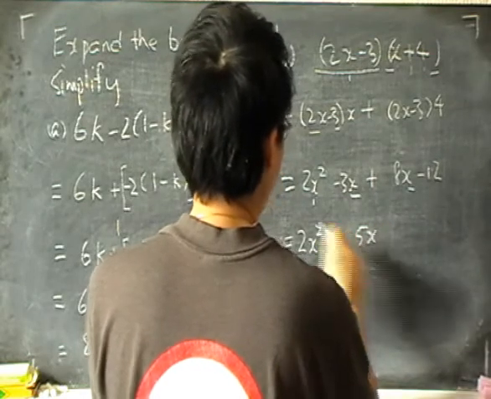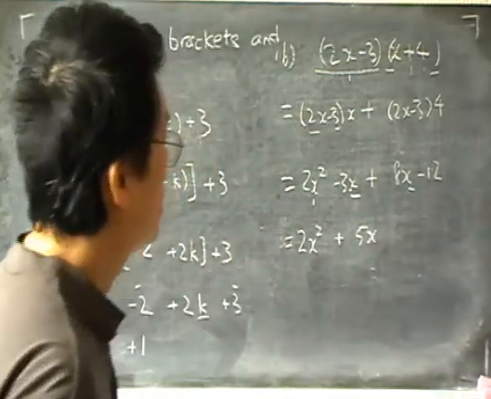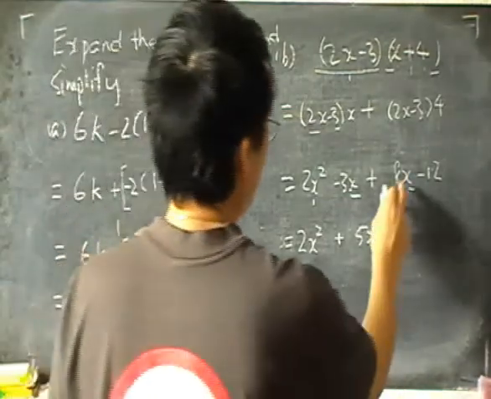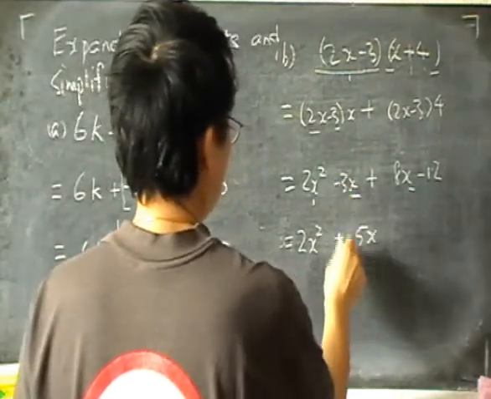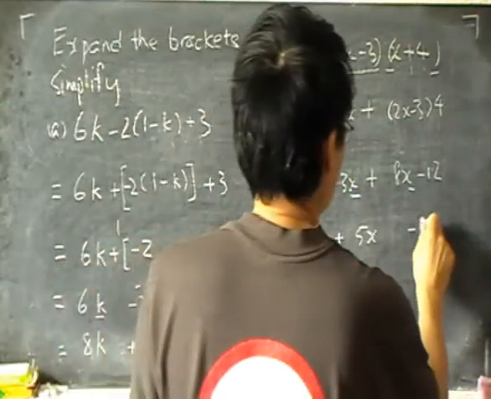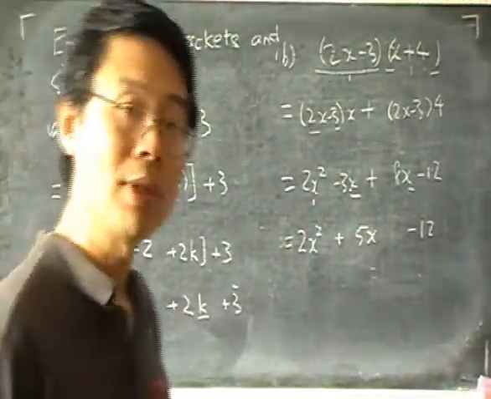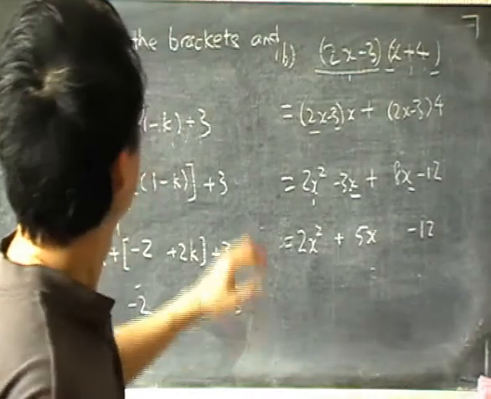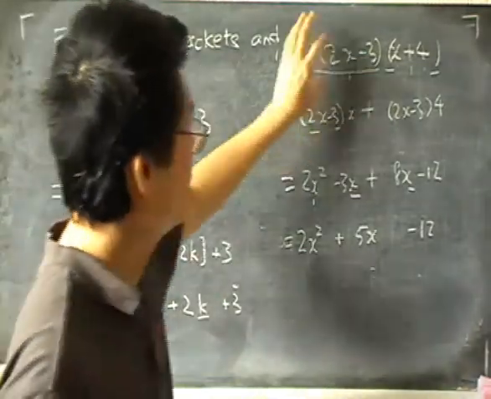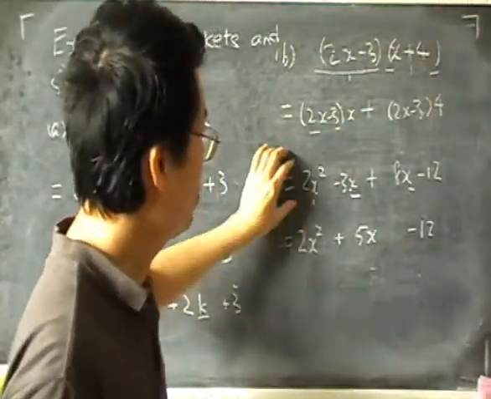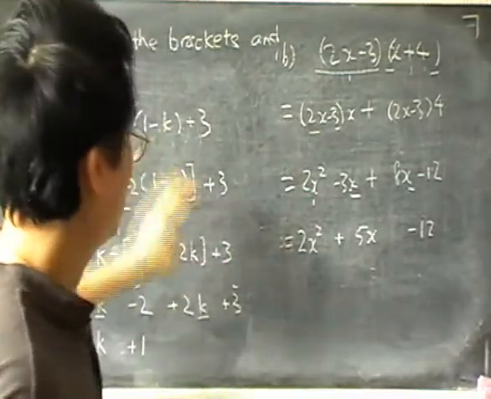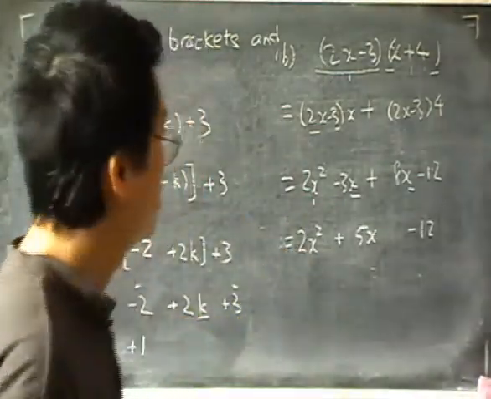And I should add them. Okay, because it's really 8 minus 3, I shouldn't carry the minus sign down here. Minus 12. And that's the final answer. We have expanded the brackets so that they are now gone, and we have simplified the expression.